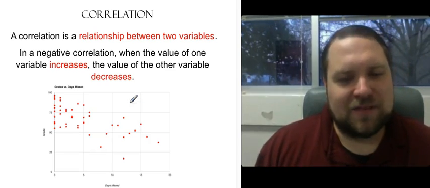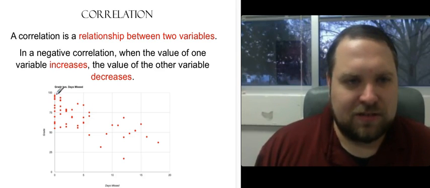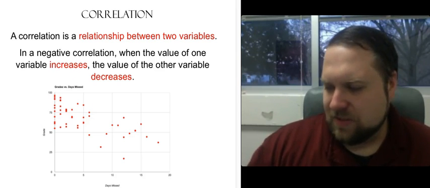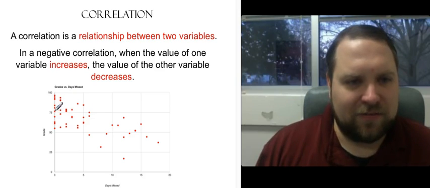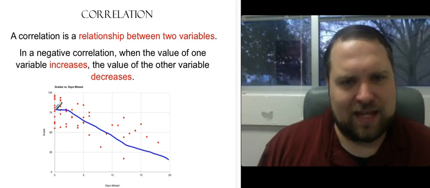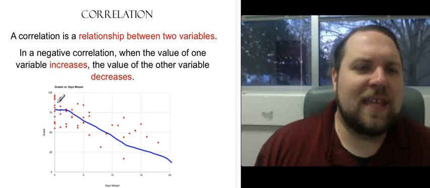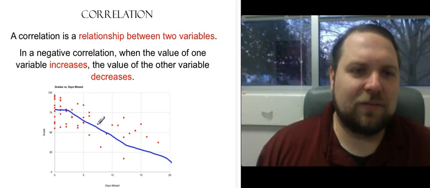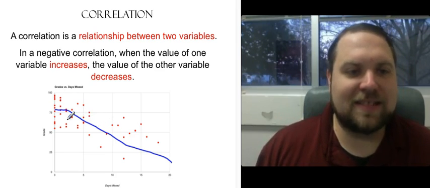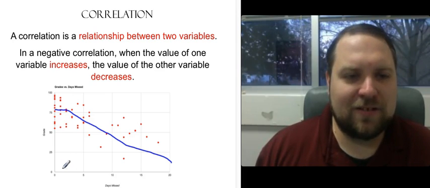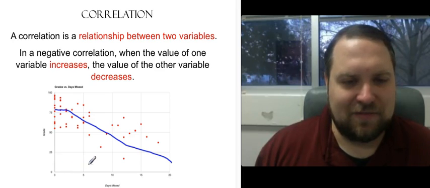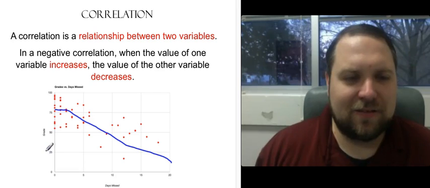We could also have what's called a negative correlation. So if we go back to the grade versus number of days missed, if I draw the line through this one, it sort of looks something like that, only straight. But the line going through it would have a negative slope, and we call this a negative correlation, because as the value of one variable increases, that is, as the number of days missed increases, the grade decreases.